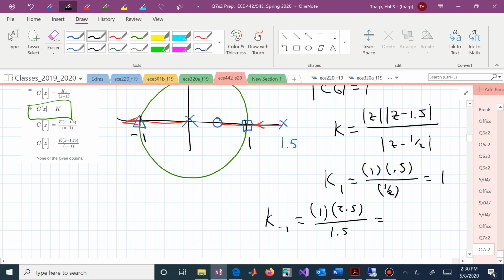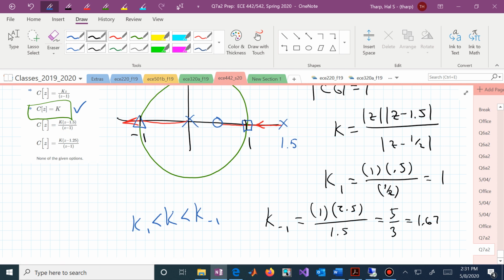And 2.5 is a little bit bigger than 1.5, so in fact, because of that, we now have this 5/3 or 1.67, so we do have some range of gain k that will allow us to be stable. The stability then would be between k at 1 with k at minus 1 for that particular controller structure. So a non-negative k would produce a stable closed loop system.